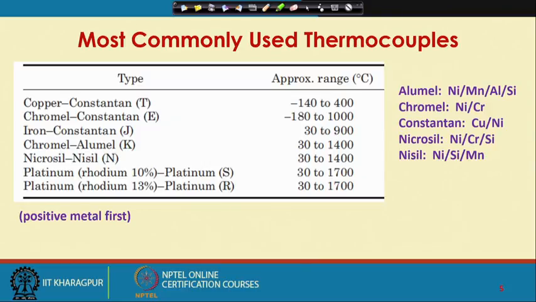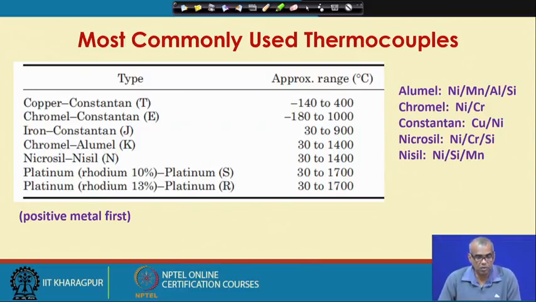So, we have a list of some of these different types of thermocouples. Approximate ranges in degree Celsius are also indicated. So, copper constantan thermocouple is known as type T thermocouple.